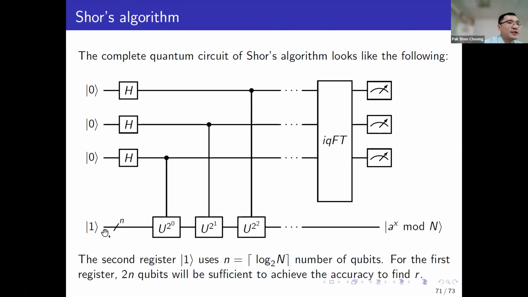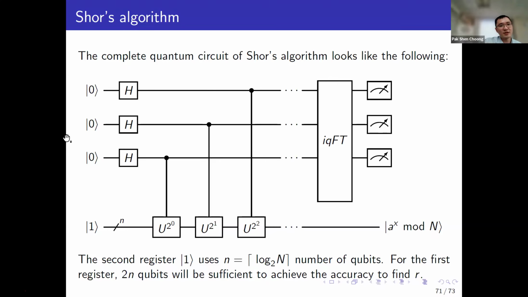Okay, so this is what we call the second register. This second register needs to cover all the numbers that you like. So let's say you want to factor 15. It is the ceiling function of log base 2 of n. So basically, you need to cover 15 throughout the binary representation.